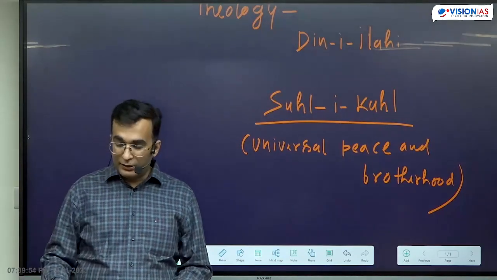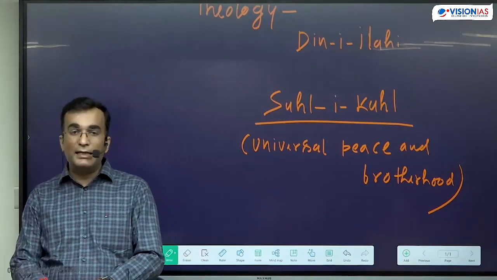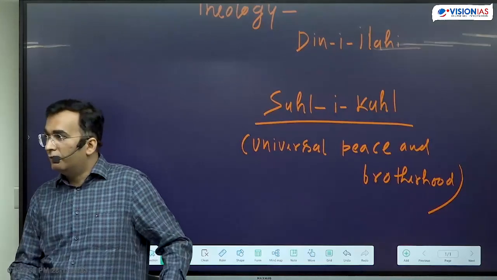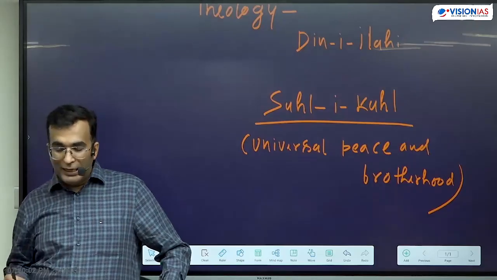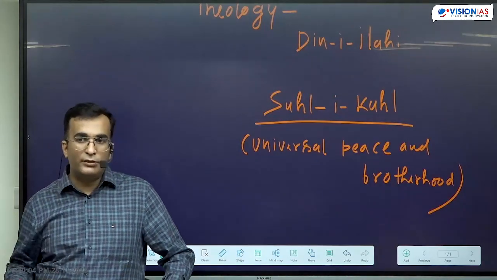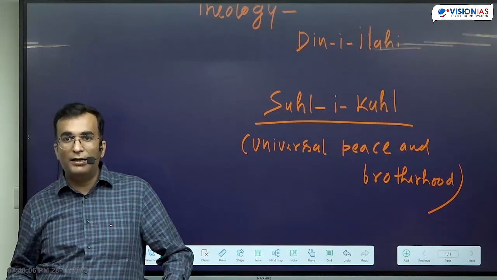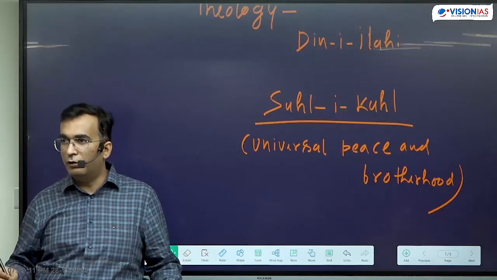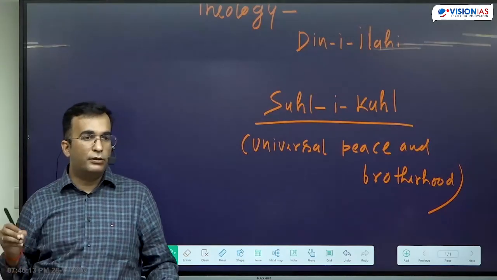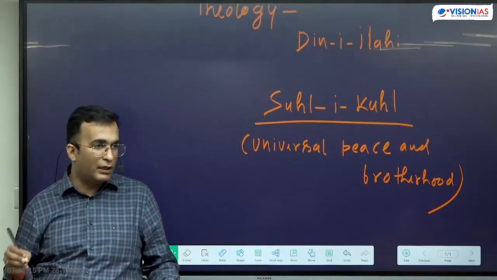Darul Islam is basically the land of Islam, where the law Shariat is followed. And despite being Islam in religion, if you don't follow the Islamic law Shariat, then it is called Darul Harb.